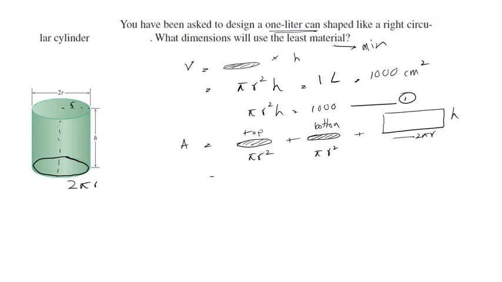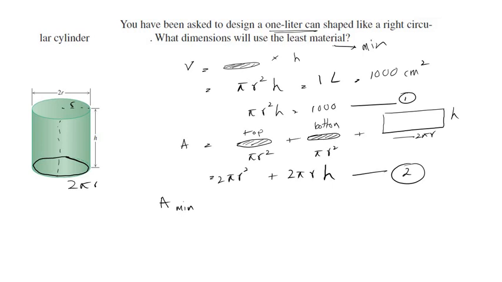So let's write the area as 2 pi r squared, that's top and bottom, plus 2 pi r times h. This is equation number 2. What they want is the minimum area, A min.